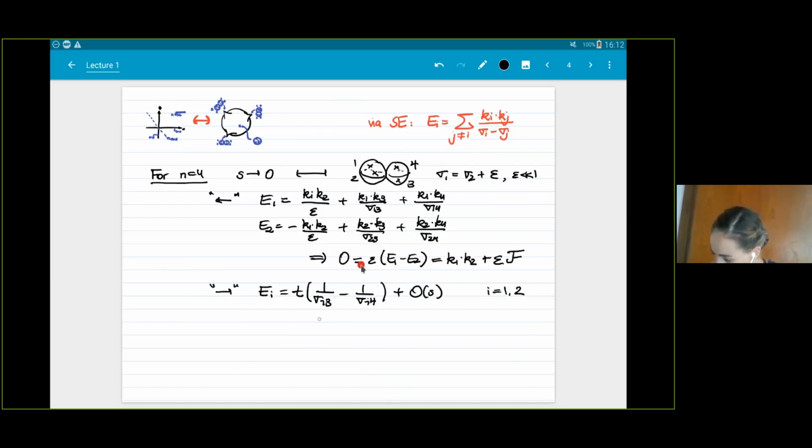And again, from this, we can immediately conclude that sigma 1 has to be indeed sigma 2 plus something that is of order s. So we can identify again the epsilon that parameterizes the boundary of the moduli space with s in the degeneration. Okay, so that solves it for 4 points.